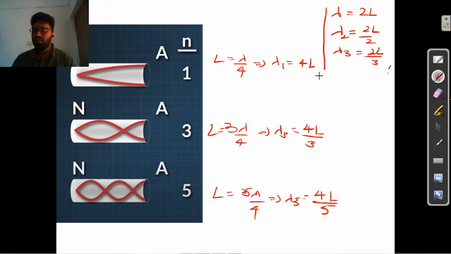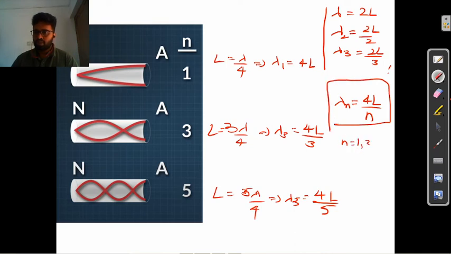So when we are taking lambda n, we are only considering odd values for n. So here n is equal to 1, 3, 5, 7 and so on. So we have only odd, the frequencies or wavelengths are odd multiples of the initial frequency or initial wavelength.